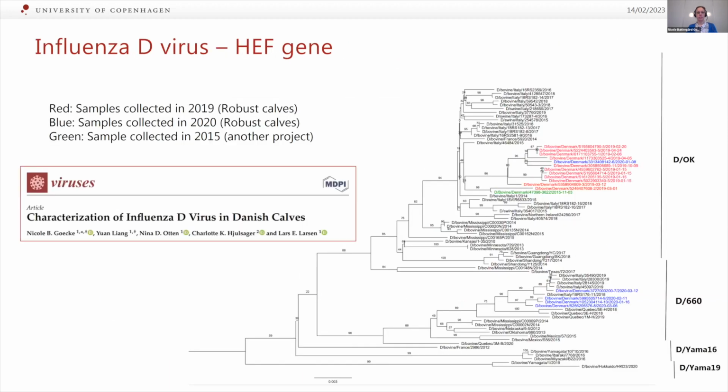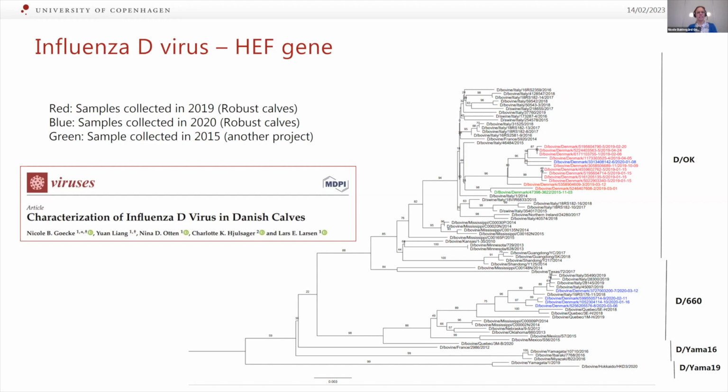And looking at the phylogeny of the glycoprotein of these influenza D viruses, you can see that there exist 4 main clusters. So we were interested in seeing in which cluster or clusters the Danish sequences belong. So therefore, we sequenced all the positive influenza D samples using next generation sequencing, and here we found that the Danish sequences clustered within 2 different clusters, namely the DOK and the D660.